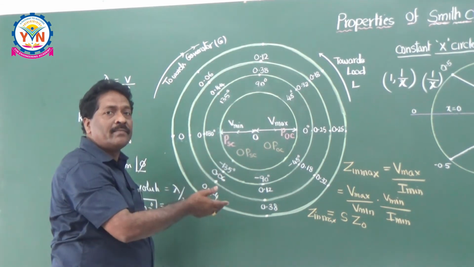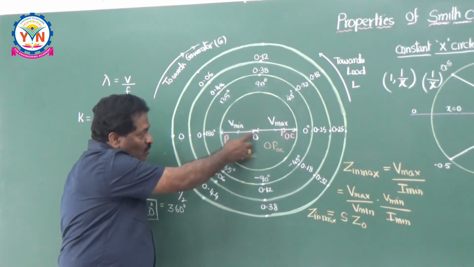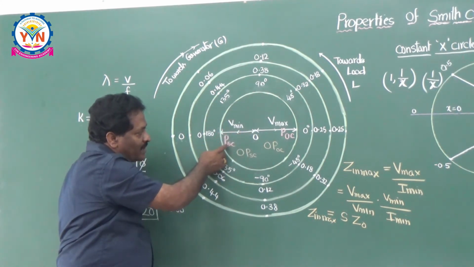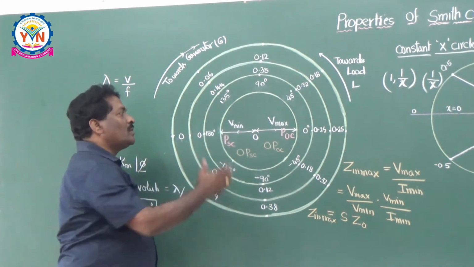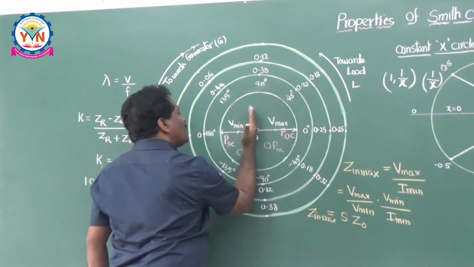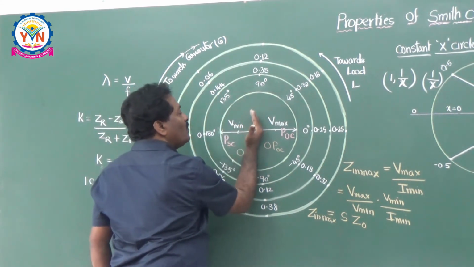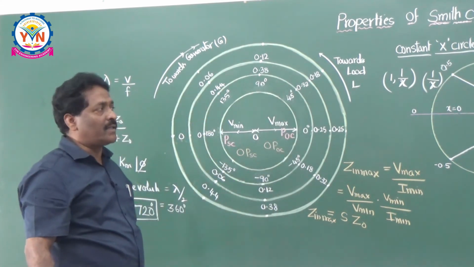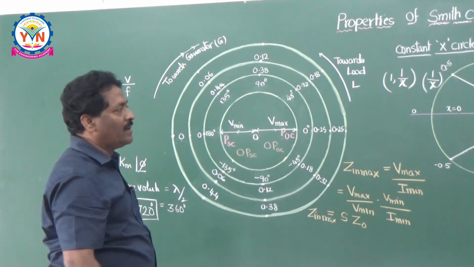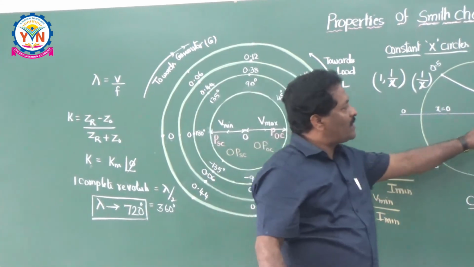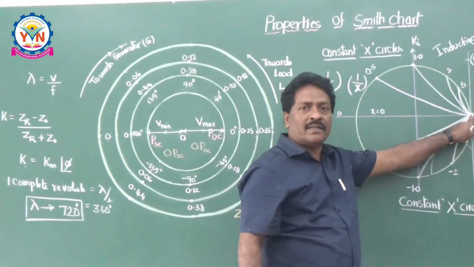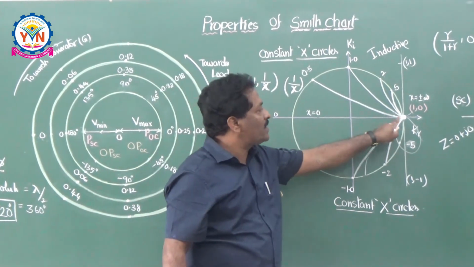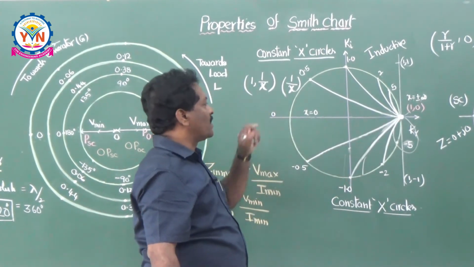That means Zn minimum, because traveling toward this PSC means you are moving towards 0, which is nothing but a short circuit. So on the left side you are moving towards a short circuit, and on the right side you are moving to an open circuit like this. This is open circuit and this is the short circuit.